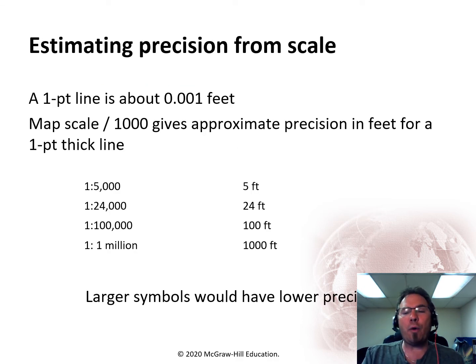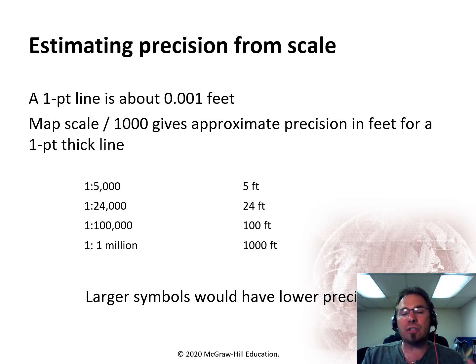So you can quickly estimate precision from scale. And for the purposes of this class or your final projects, this is not an issue. I don't grade on this or anything like that, but it's something to think about when you're mapping, especially at small scales, that a 1 point line, the thickness of your line, can vastly overestimate or underestimate where your data actually is.